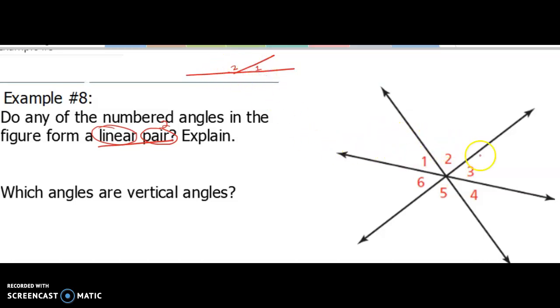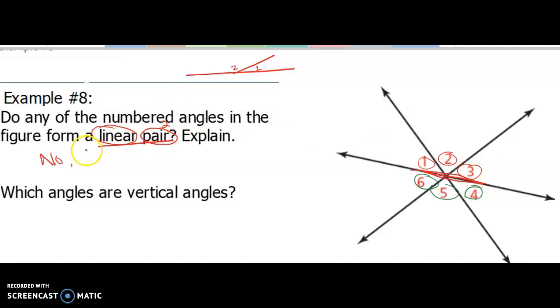So if we look at this diagram, do we have any linear pairs? No, we do not. And the reason we do not is if we look at any of these lines, let's take this line. 1, 2, and 3 would make a line, or 4, 5, and 6 would make a line, but 3 is not a pair.